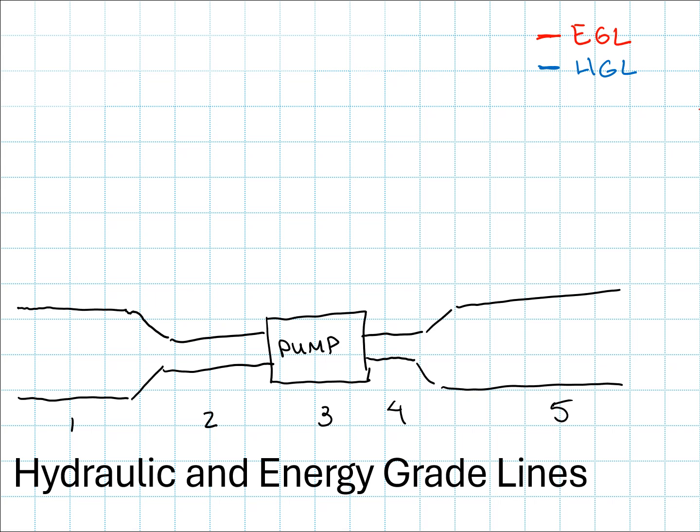So at point 1, at some distance above my datum, let's say that my total energy looks like this. This is my H1. If I think about what's going to happen between point 1 and 2, there's going to be just a small amount of decrease in the total energy, of course, because of the loss in energy due to friction.